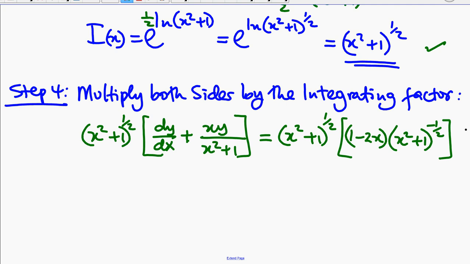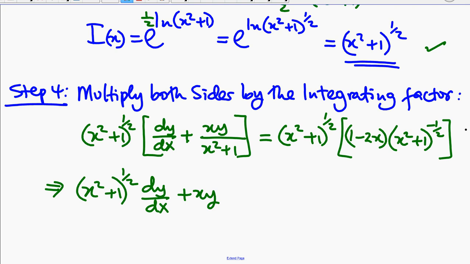So what I will end up with is x squared plus 1 to power a half dy over dx plus xy times x squared plus 1 to power negative a half, which will be equal to 1 minus 2x.